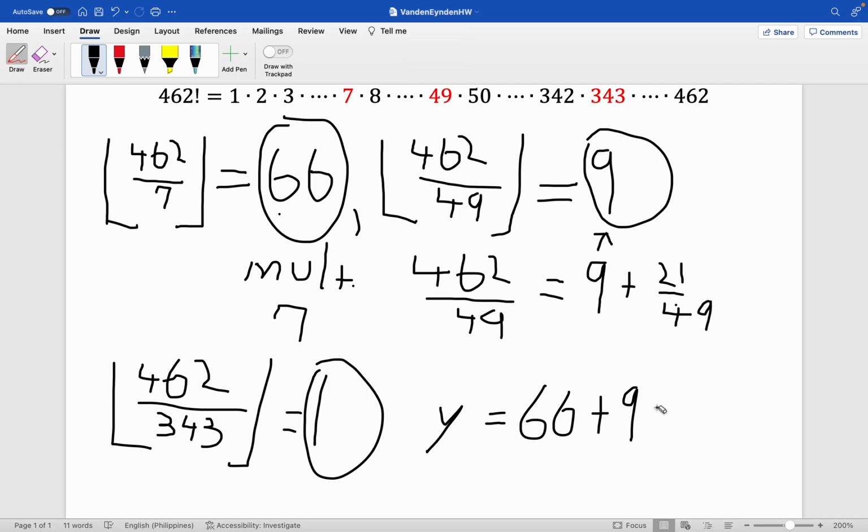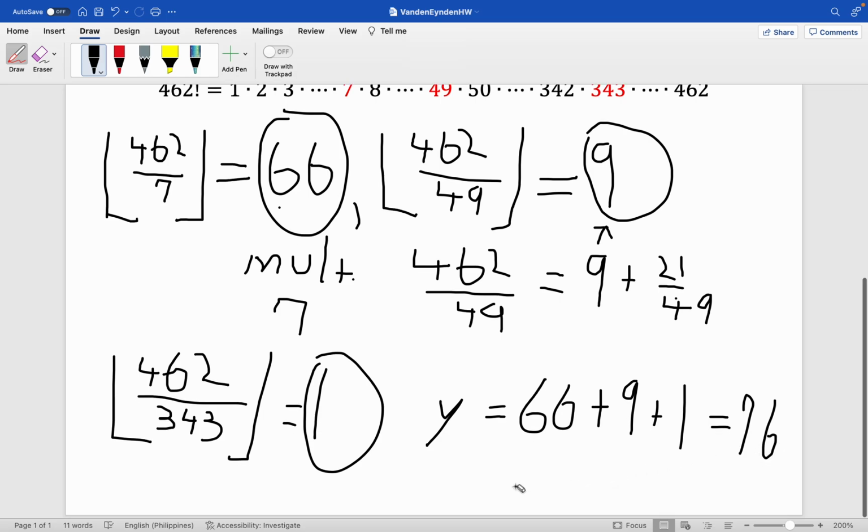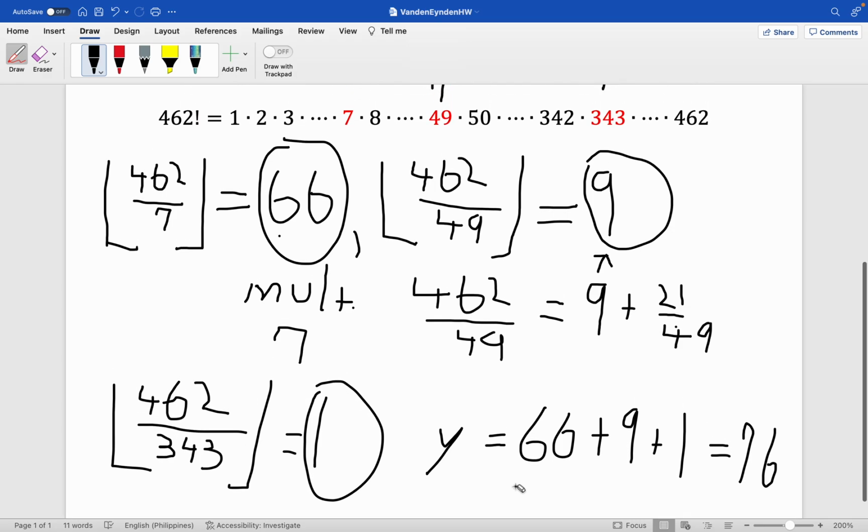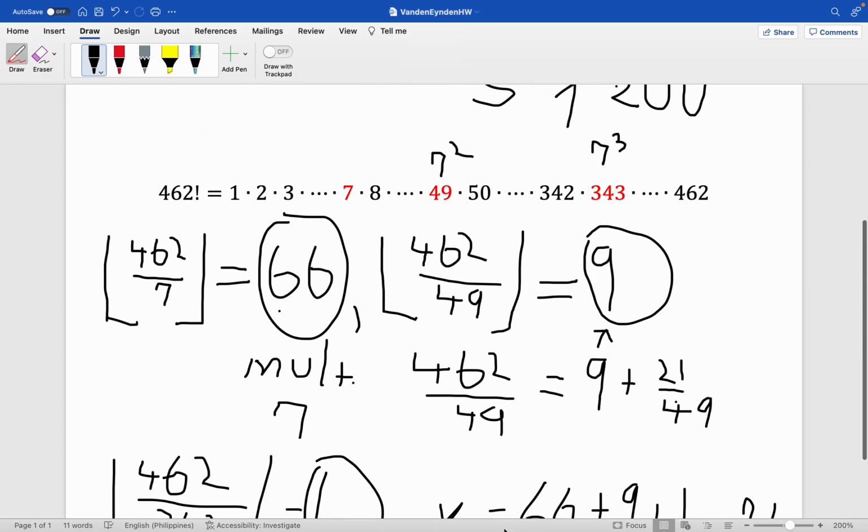That's 76. 66 plus 9 plus 1 is 76 without a calculator, right? We can handle those double-digit summands. So we get 76. And that is the solution, folks. 76 is the final answer. And if you scroll back up, we got the 76, and that is the y.